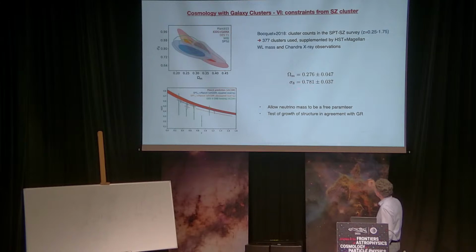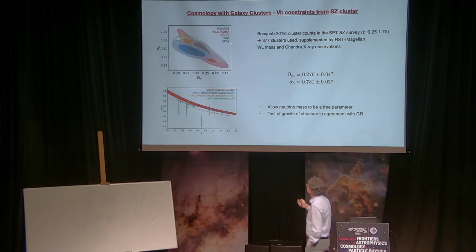Sigma 8 may be in agreement. And this is 400 clusters, supplemented by constraints using weak lensing and X-ray observations. And these are the contours. Planck is Planck, of course. KiDS and gamma is weak lensing. This is the Weighing the Giants program, a survey of galaxy clusters.